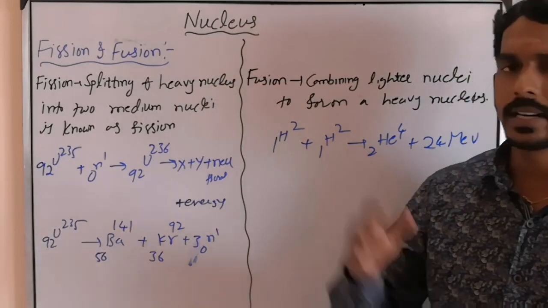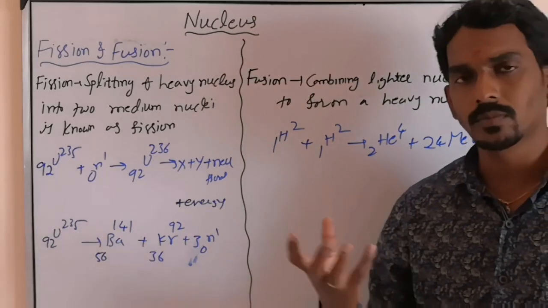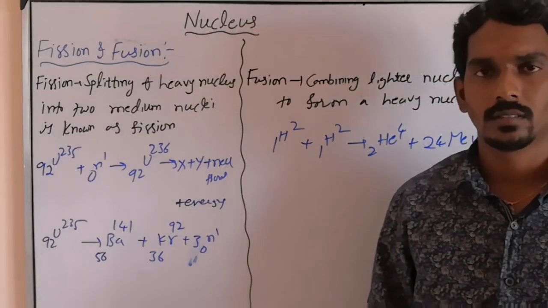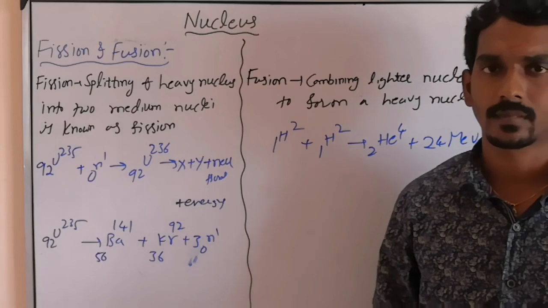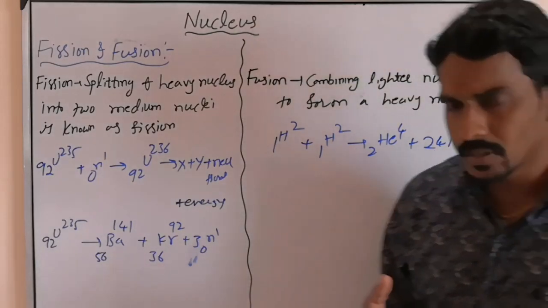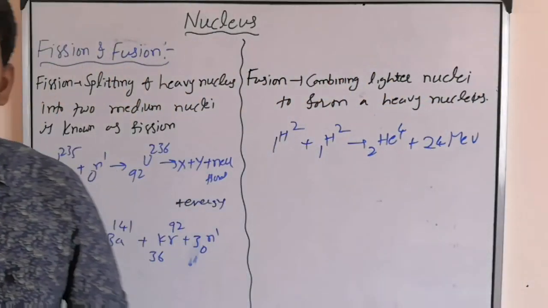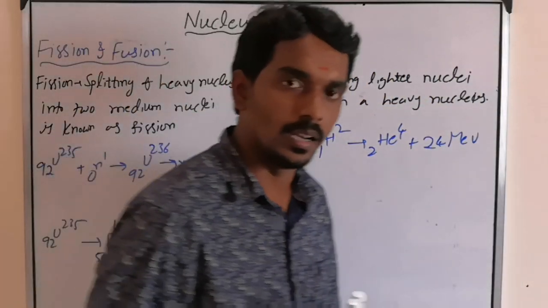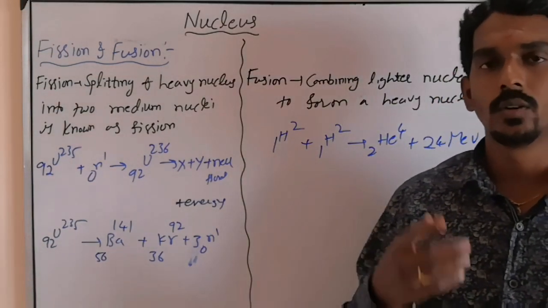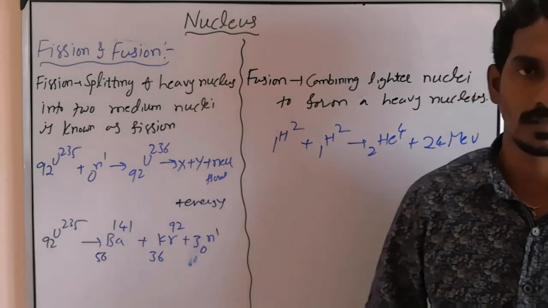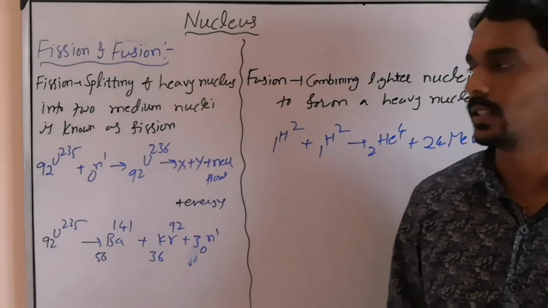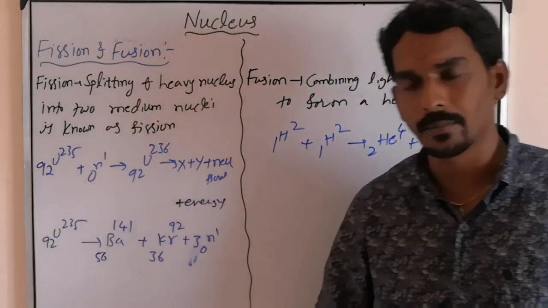When you consider the periodic table, there are a few atoms that are most unstable, with less binding energy. Those are called radioactive elements. Those with mass number greater than 170 are highly unstable, like uranium, thorium, plutonium, and so on.